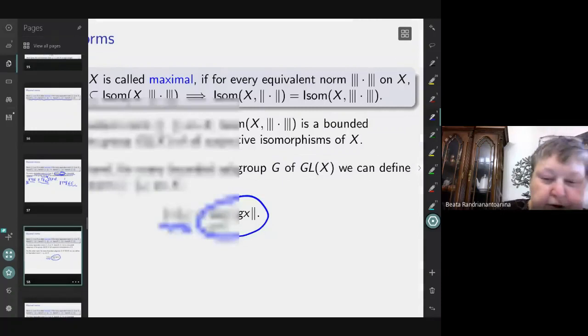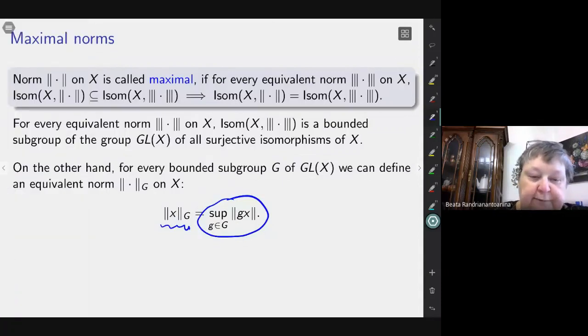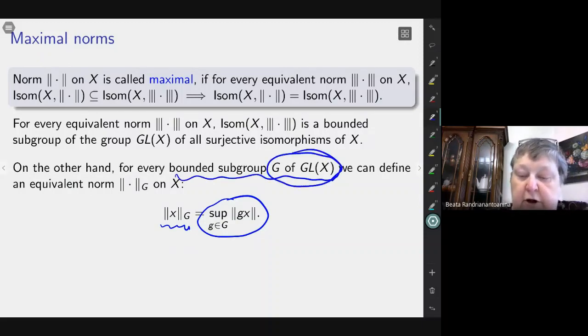Yes, here. If you have a bounded subgroup of all automorphisms on X, you can define a new norm using this bounded subgroup by this formula, and that produces a new norm which is equivalent. Is that what you mean?